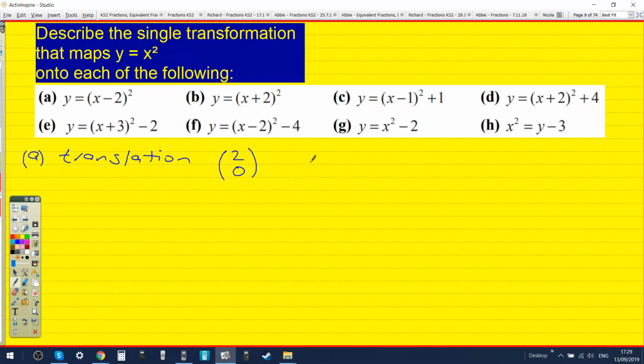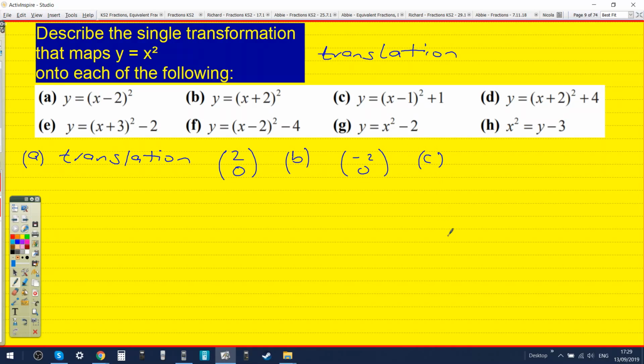How about B? So 2 places to the left then? Yeah. Translated 2 places to the left. And so minus 2 over 0? Yes. And I won't bother writing down translation every single time, but you're right, they are all translations.